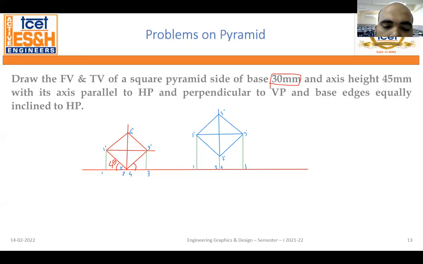Now students, what you have to do next, I'll just show you for this one. We'll take the projections from here till here. And then we'll make the axis height. Axis height is how much? That is 45.